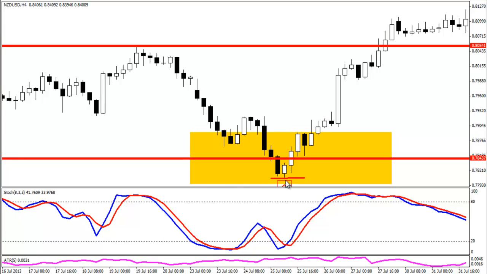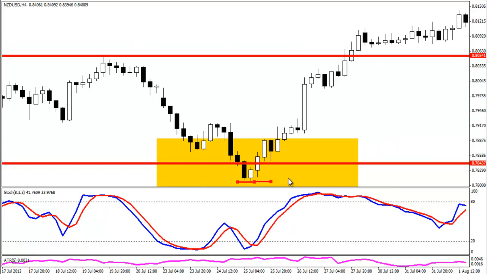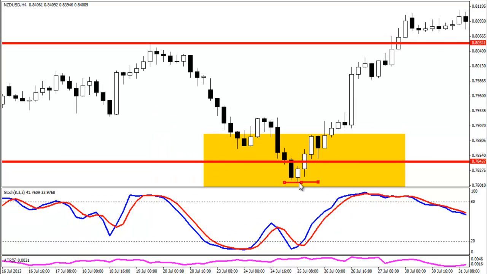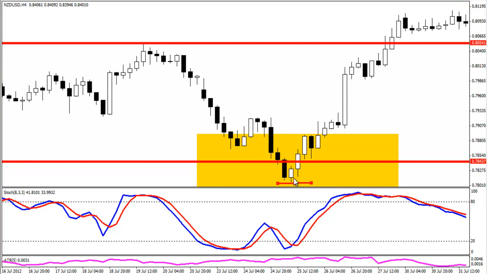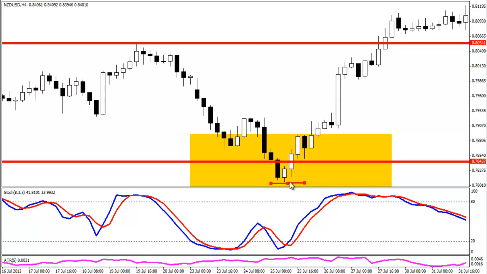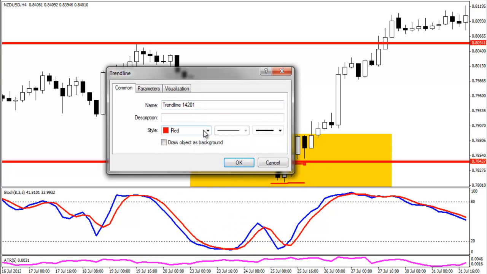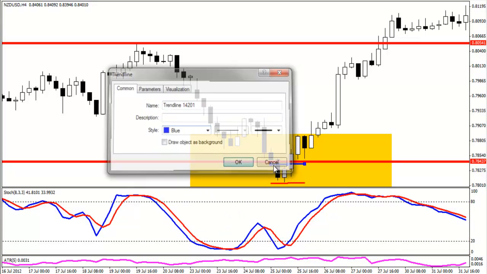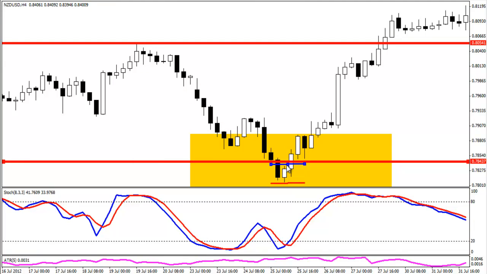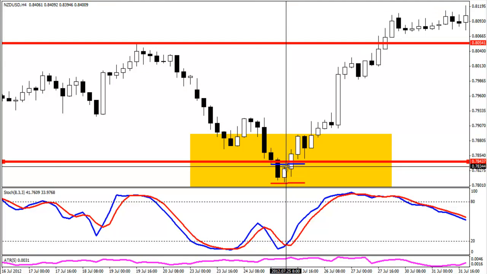So I've just marked in the stop loss, which we can see there, and our entry would be just above the high of the candle here. We'll just change that to blue so that we can see that's an entry signal. But all of a sudden now we've managed to get into this trading opportunity with a stop loss of about 35 pips.